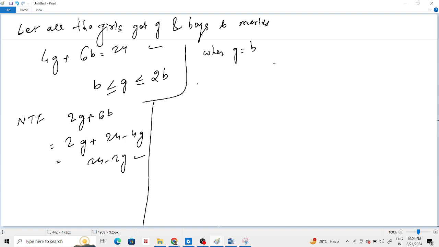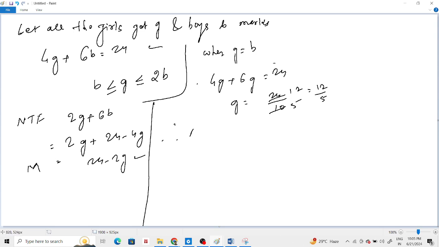Since I have G over here, I need to write it in terms of G. So when G is equal to B, in this equation 4G plus 6G is equal to 24, or G is equal to 24 by 10, that is 12 by 5. Therefore M is equal to 24 minus 2 into 12 by 5.